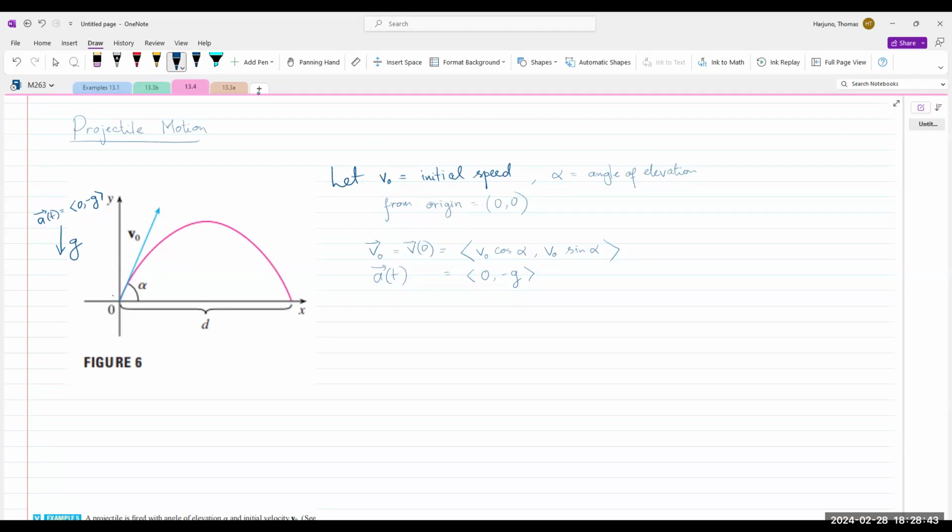Okay, now using these two, can we find the velocity vector function in general at time t? Now we know that this is actually the integral of the acceleration vector function, which when we integrate that, we will get 0, negative gt, plus the velocity at time 0.